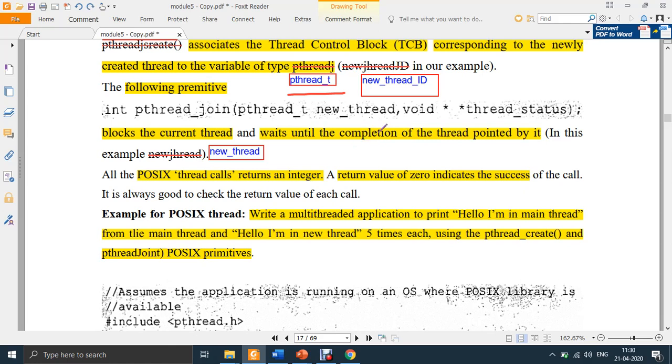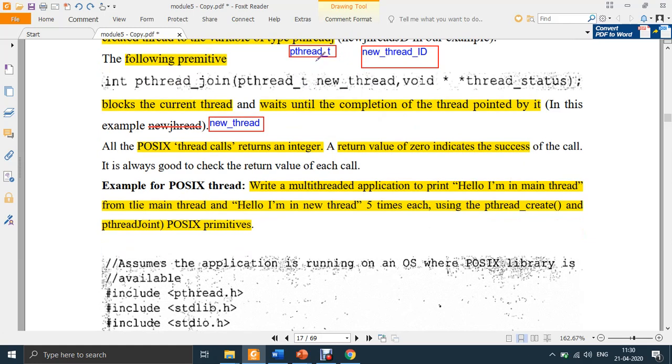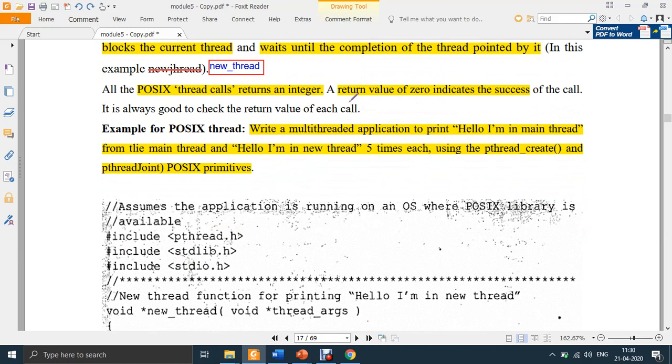So now there are two threads, pthread_t and new_thread. This pthread_t has to wait in the blocked state until the new thread completes its operation. Until it completes, pthread_t cannot come out of the blocked state. That is what it will do.